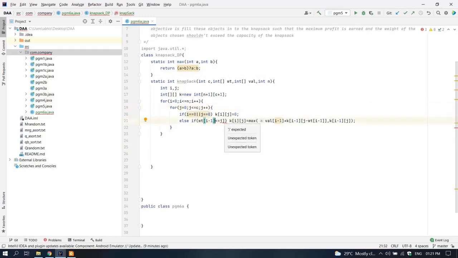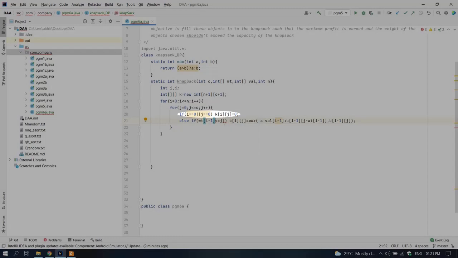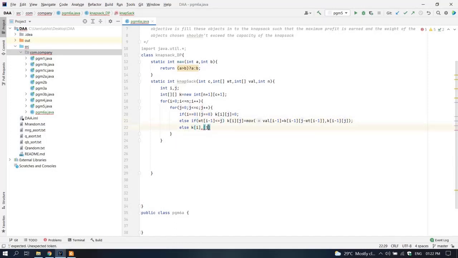If we are in the 0th row or 0th column, then it will automatically be 0, or else the formula which we were using, max of these two.